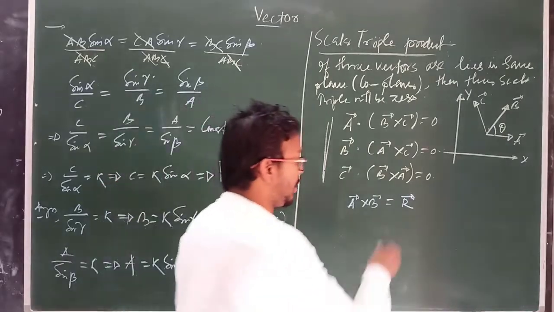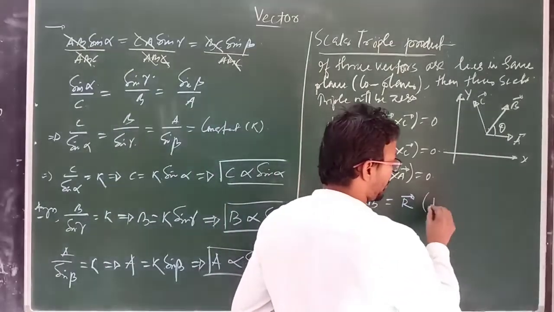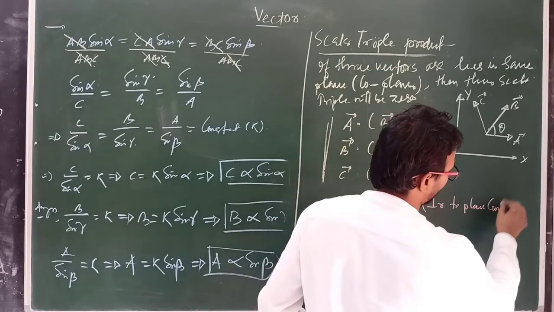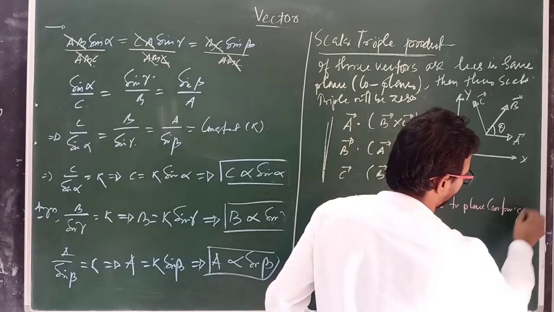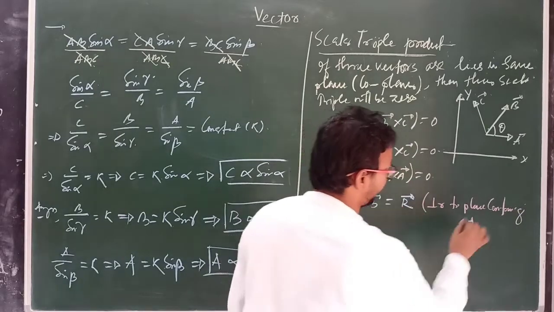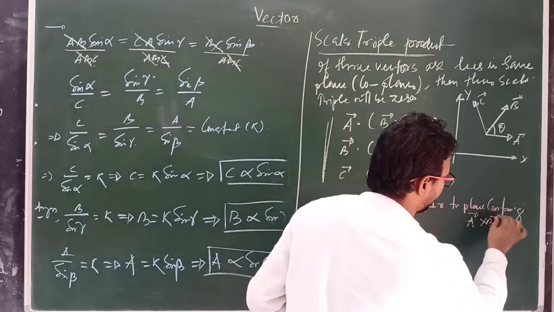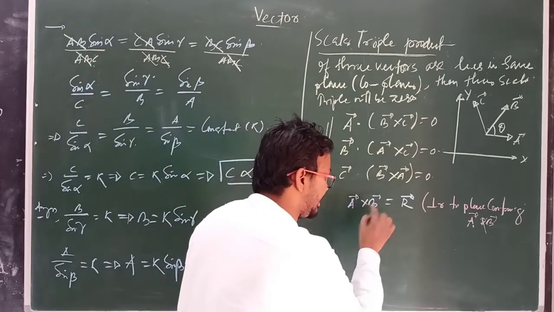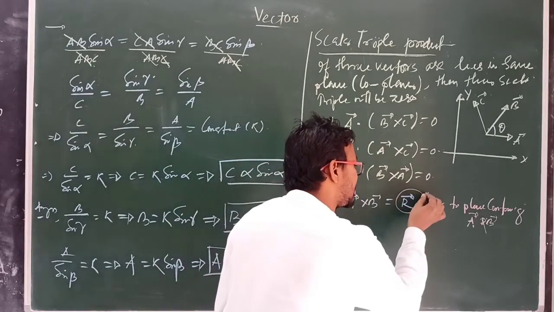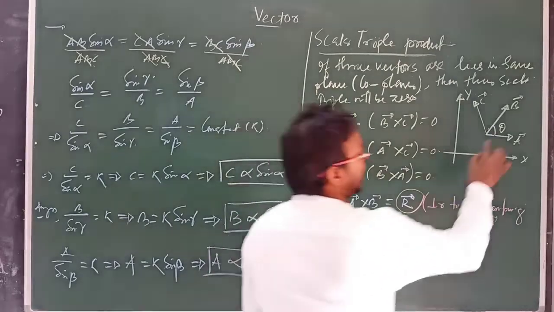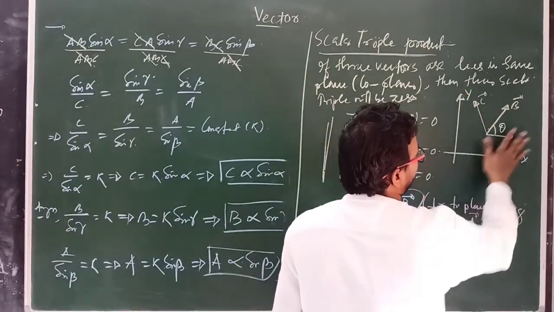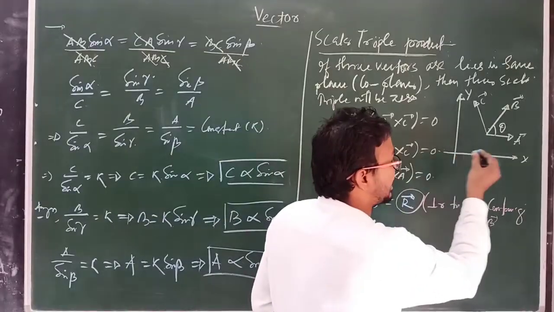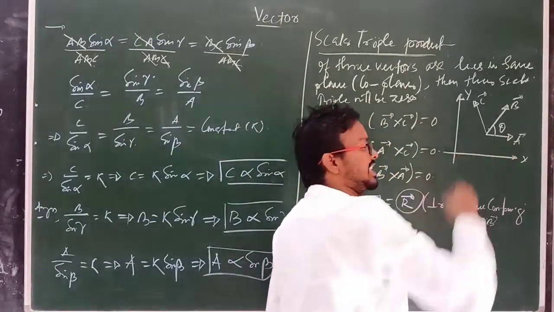The direction of the resultant vector is always perpendicular to the plane containing the A vector and B vector. If A and B are in the x y plane, then the direction of the resultant vector will be either the positive z axis or the negative z axis.